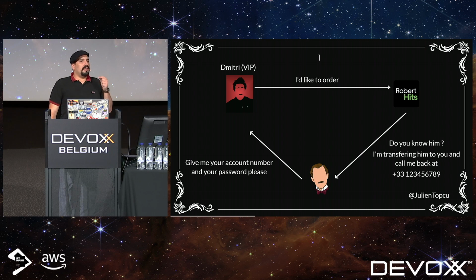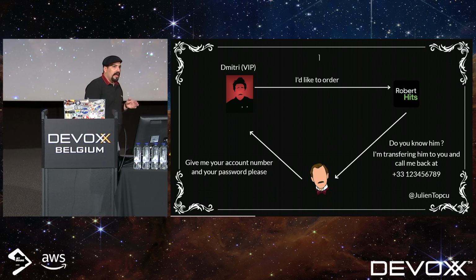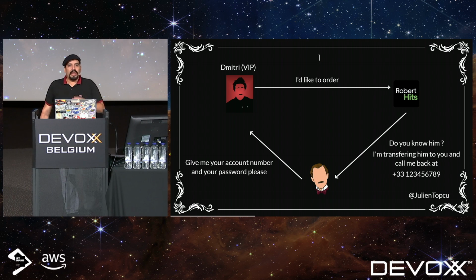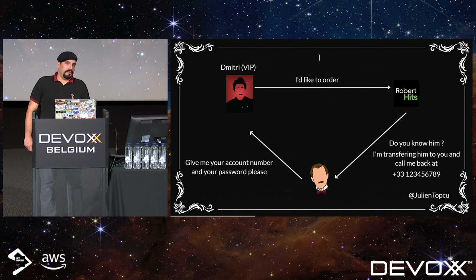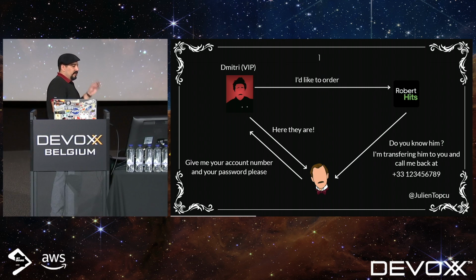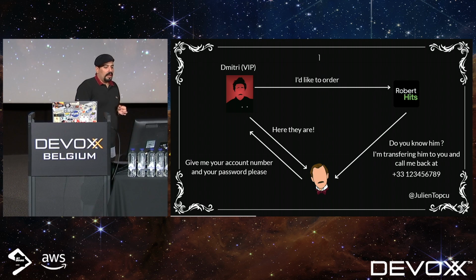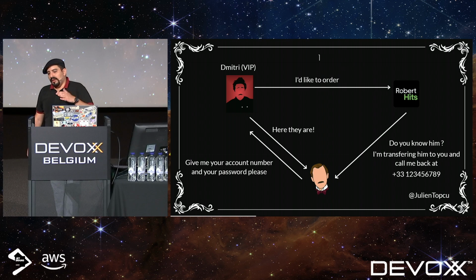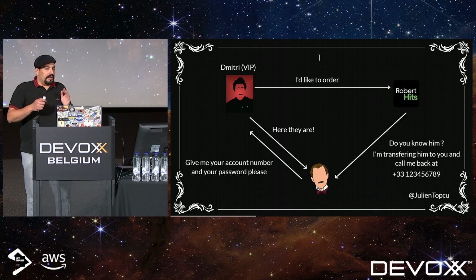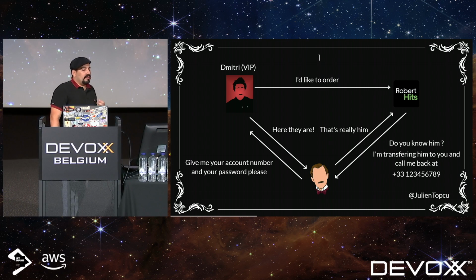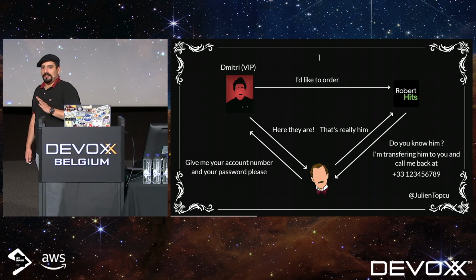He knows that he is responsible for the management of all the accounts of the hotel, and if something goes wrong, he will be responsible for it. So it's OK here to give his credentials. So Gustave will check that it matches, and if so, he will call back Robert Hitz at the specified number, saying, OK, that's really Dimitri.